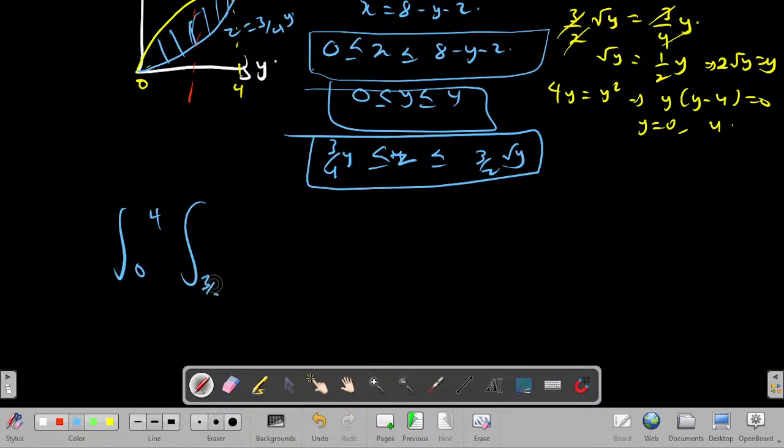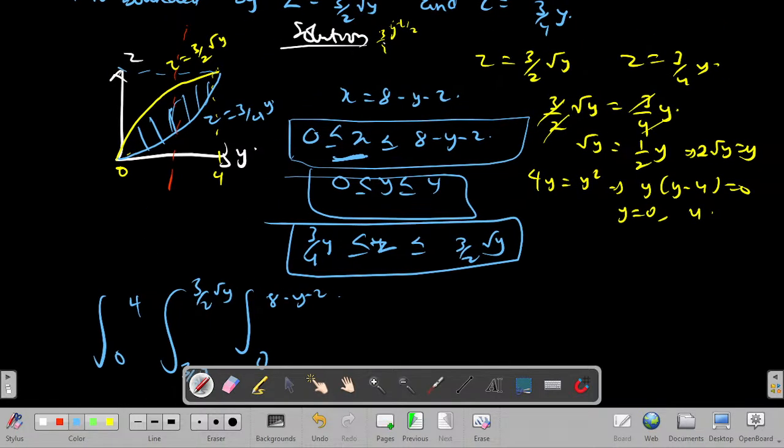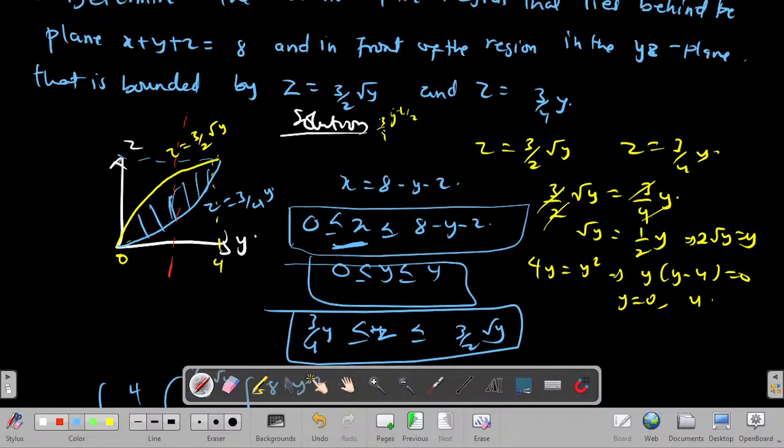So from 3 over 4y to 3 over 2 root y. Then always this one comes first. This special function, directly from the function, just making it the subject, will come. So 0 to 8 minus y minus z. And what's the function? The function was given as 8 minus y minus z.